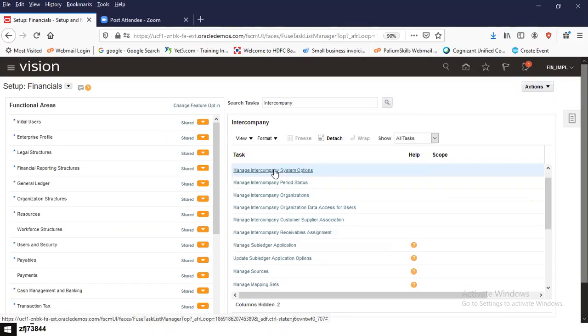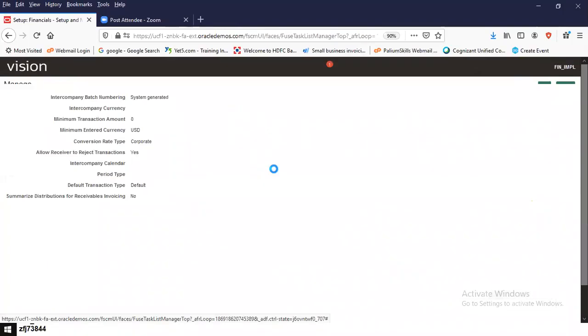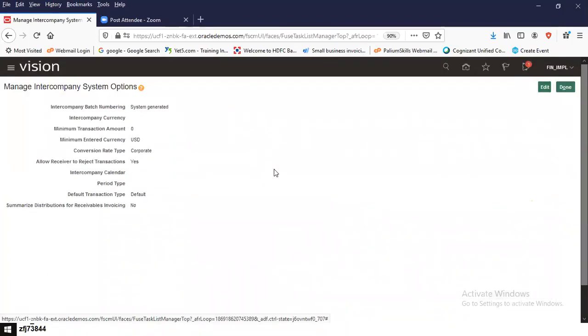When we go into the system options, this is exclusively intercompany related setups.